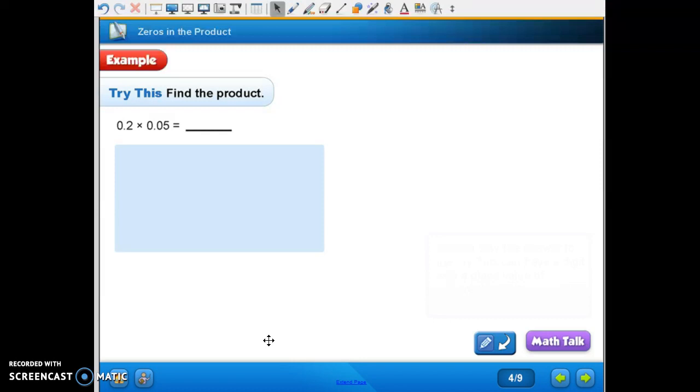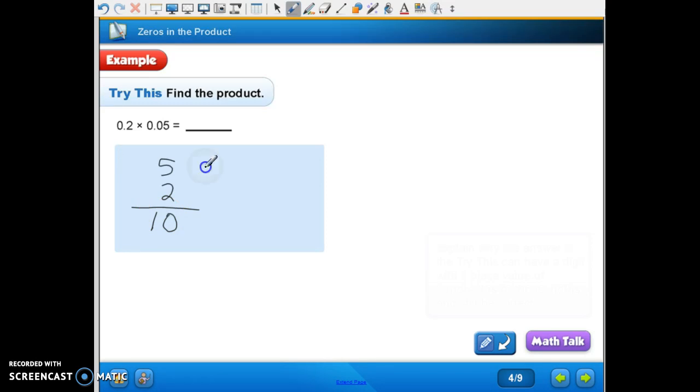Okay, so now we're moving to the try this at the bottom half of page 192. 2/10 times 5/100. How many decimal places should we have? 3. Right. Hundredths times tenths gives us thousandths, right? So we're going to multiply it as whole numbers. So 5 times 2, right? And that gives us 10.